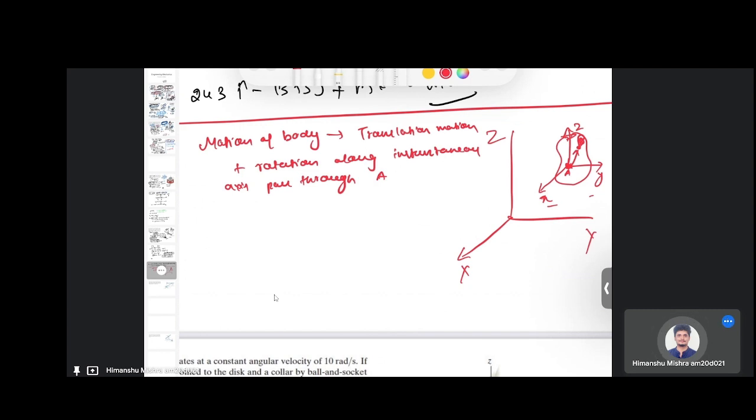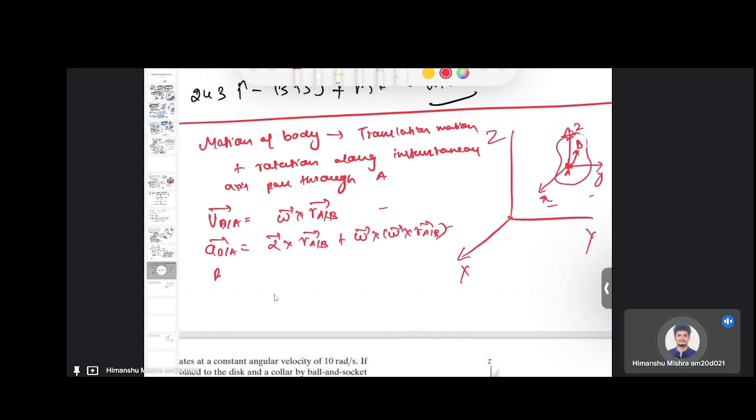So in order to calculate the motion of point B, first we need to figure out the velocity of B with respect to A, which is omega cross R_AB, and the acceleration of B with respect to A, which is alpha cross R of A with respect to B plus omega cross omega cross R of A with respect to B. It is a similar formula to the one we used in the previous problem.